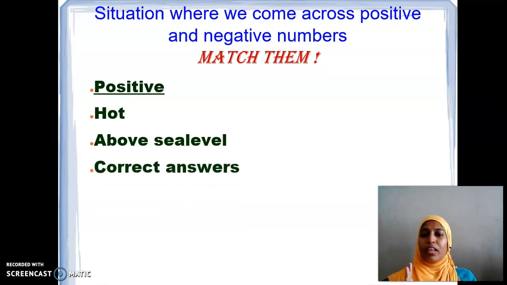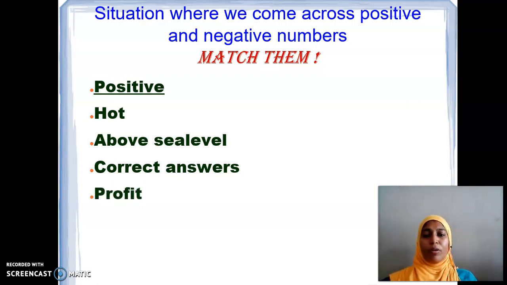Next, marks for the correct answers are always given as a positive quantity. You had a great experience in learning about negative marking for wrong answers while you were answering your exams.